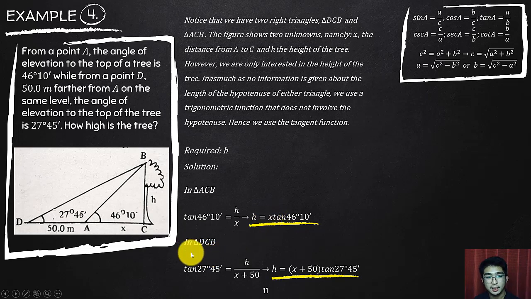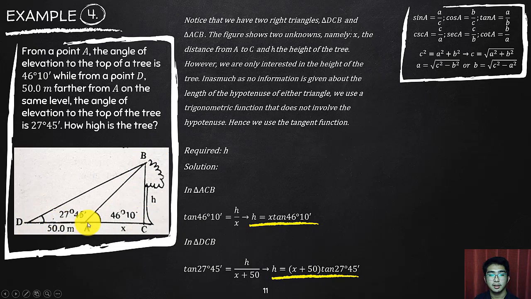In triangle DCB, the larger right triangle, tangent 27 degrees 45 minutes is equal to opposite over adjacent. The opposite side here is obviously still h, the same, correct? But the adjacent side is no longer x nor 50. It's actually the combination of 50 and x, correct? Because this is your larger right triangle.